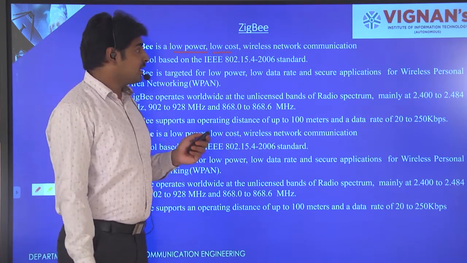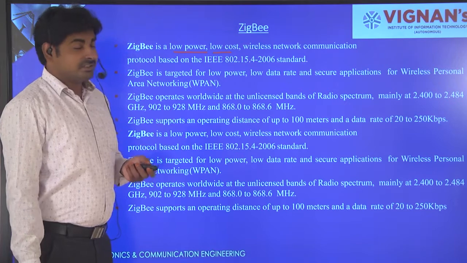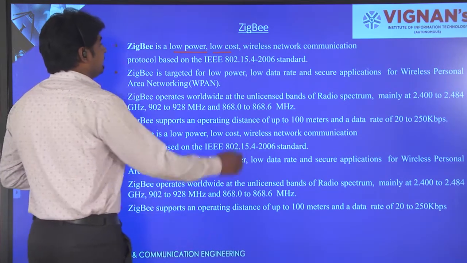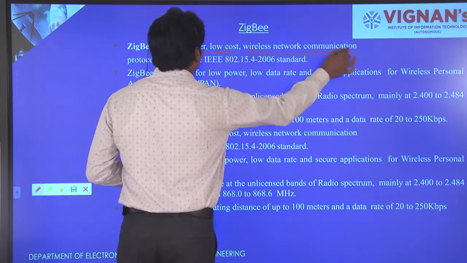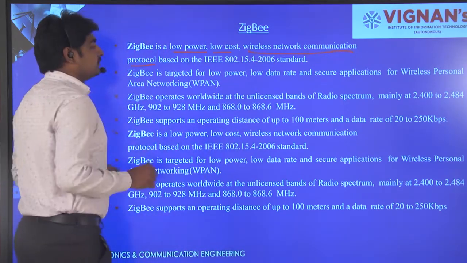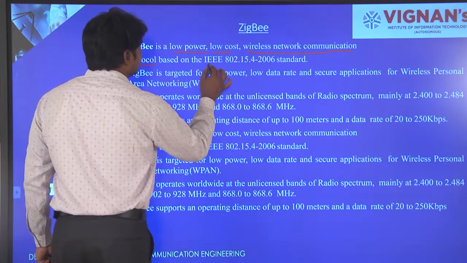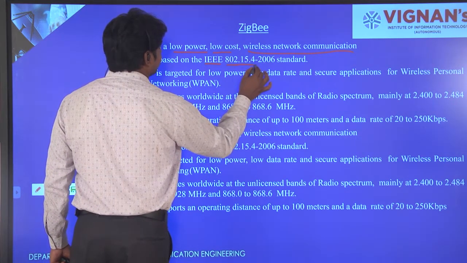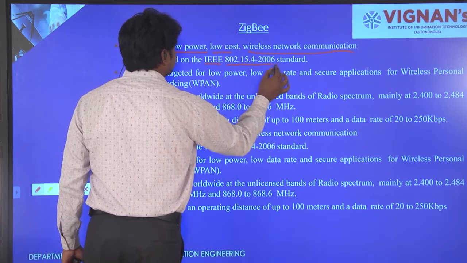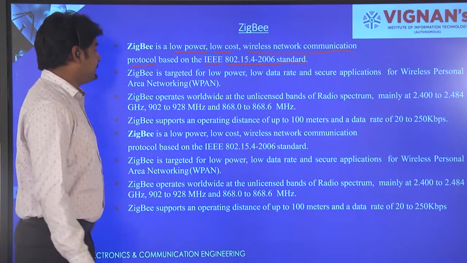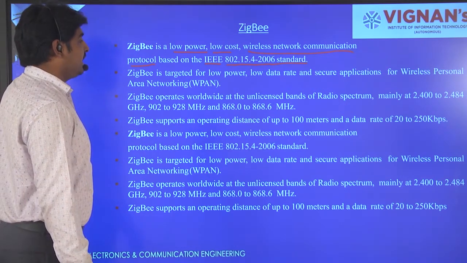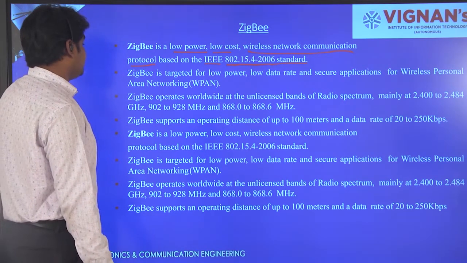It supports a wireless network communication protocol developed by IEEE 802.15.4, standardized in the year 2006. Zigbee is targeted for low power, low data rate and security applications.